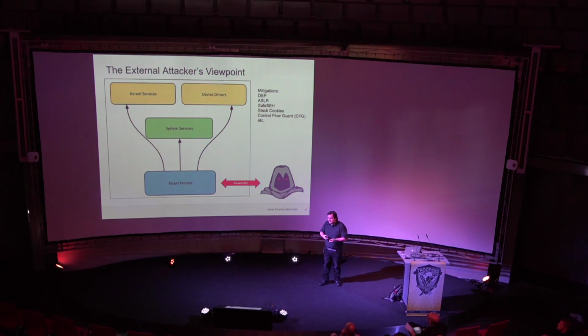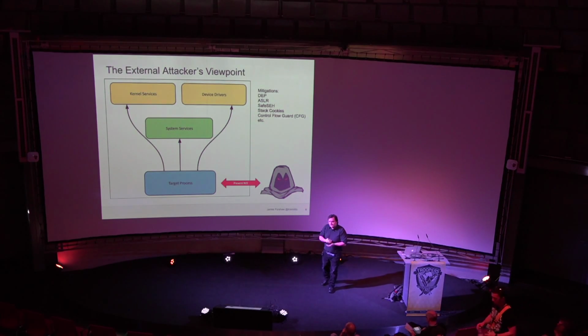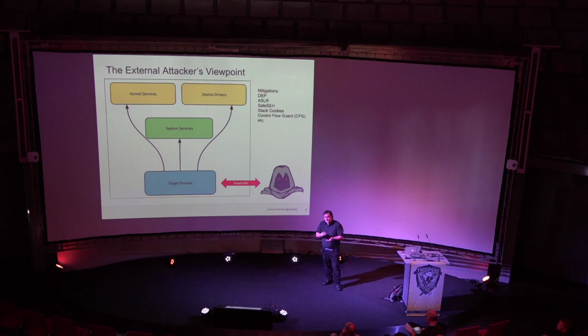It was introduced in Vista, basically making it so you couldn't predict where executable code was in the process. There's other stuff like SafeSEH, stack cookies, and Control Flow Guard, which is a fairly modern introduction. But all of these are basically there to stop a bad guy compromising your application through a document or a web page. It's the first stop in the door, like you're trying to prevent them even getting through the front door in the first place.